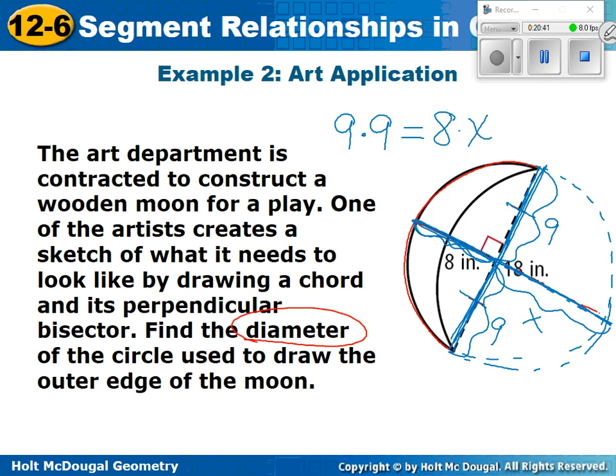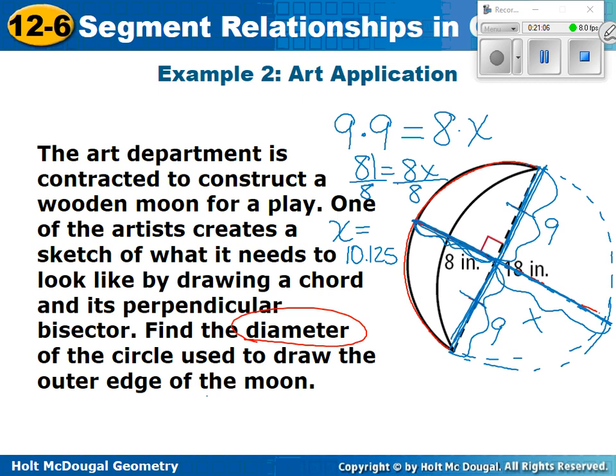Problem isn't really mathematically hard, it's just hard to understand because they didn't label things very well. Okay, so we have 9 times 9 is 81. That equals 8x. Divide by 8, and what do you get for x? 10.125. Is that the diameter? No, that's part of the diameter.